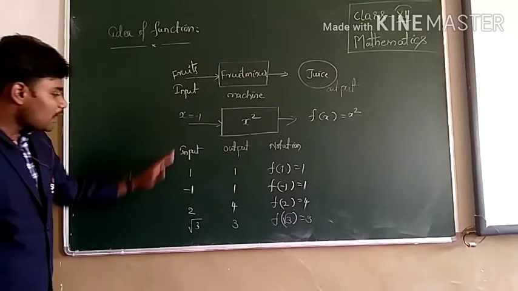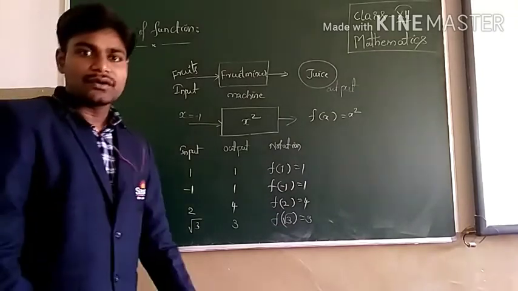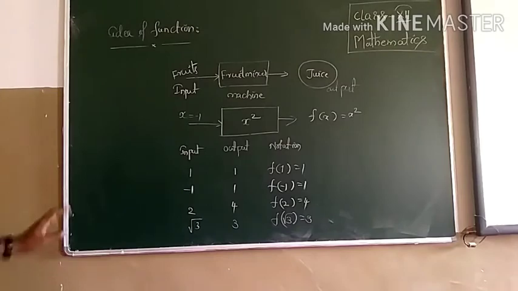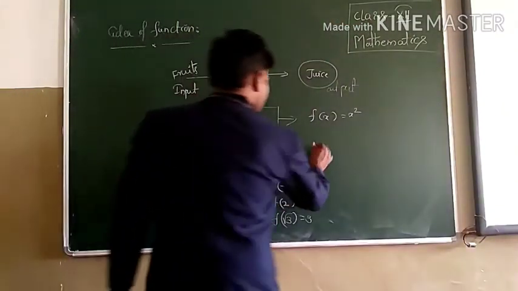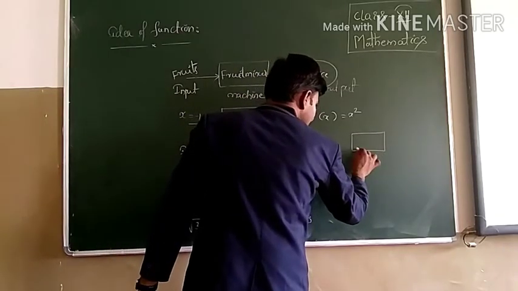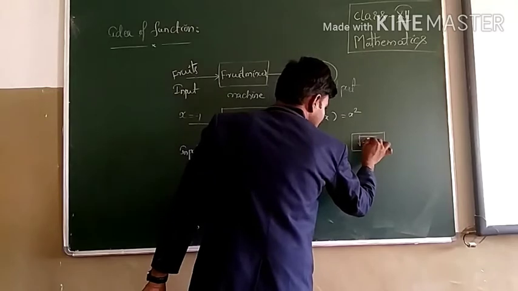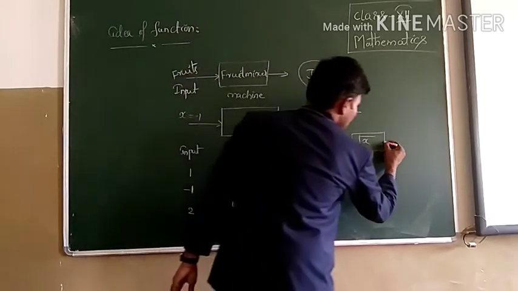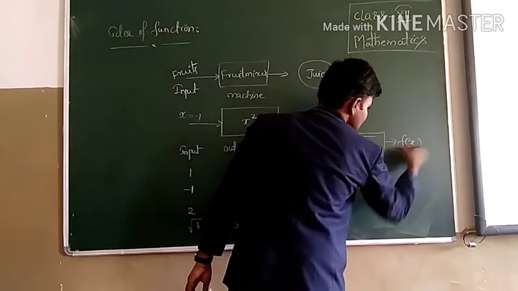Suppose I take another example, a different operation. For the machine I give the function root x. So f of x is the output.